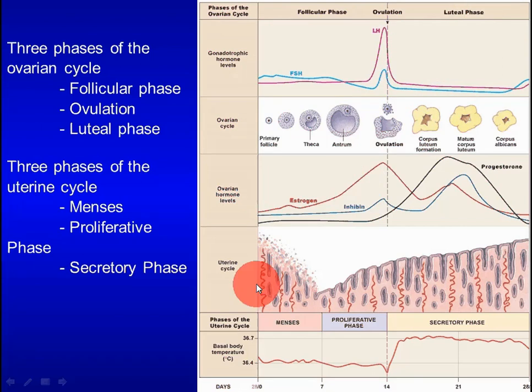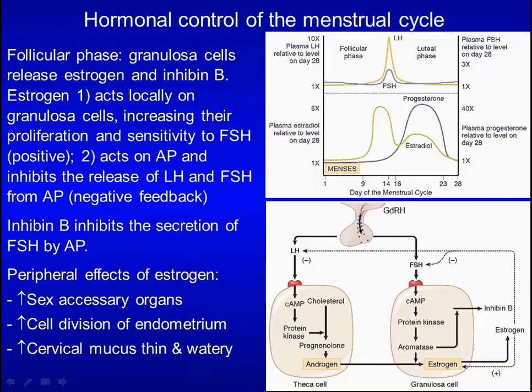These represent a uterine cycle. It is comprised of three phases: menses, proliferative phase, and secretory phase. These are gonadotropic hormone levels, and these are ovarian hormone levels. And here is the follicular phase.